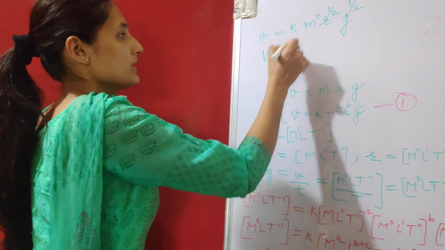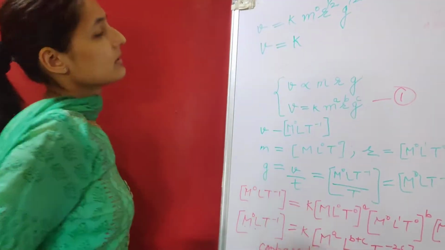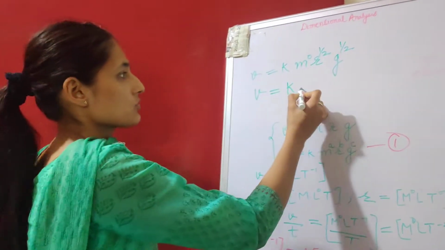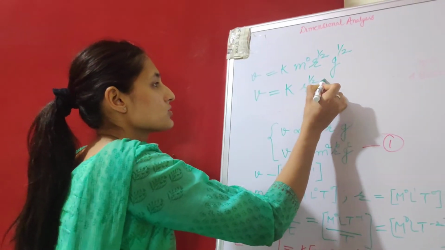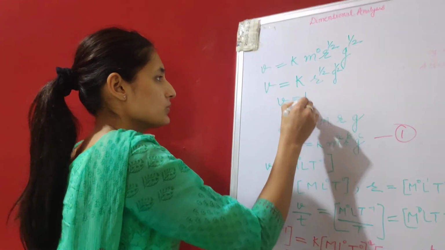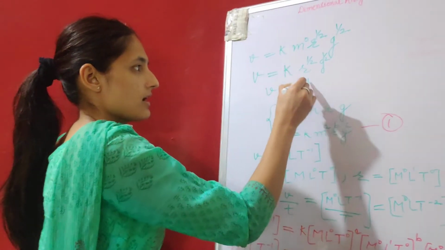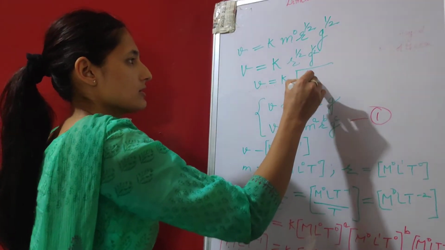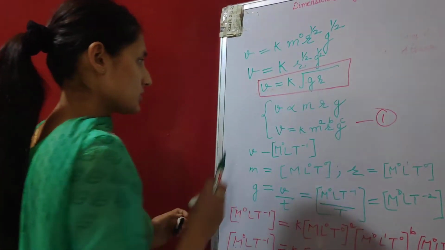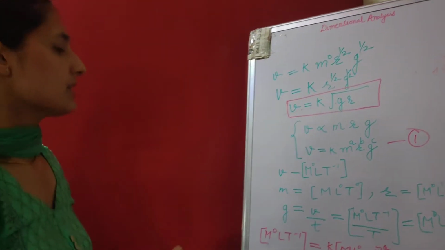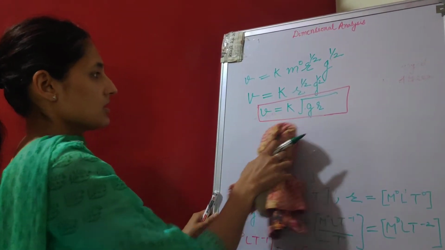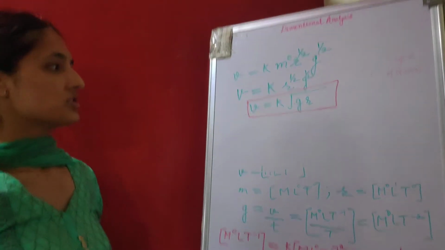Anything raised to the power 0 is taken as 1, so no need to write m. So v comes out to be k r raised to the power half and g raised to the power half. You can take this half as under root. Then the expression for v is equal to k under root of g r.